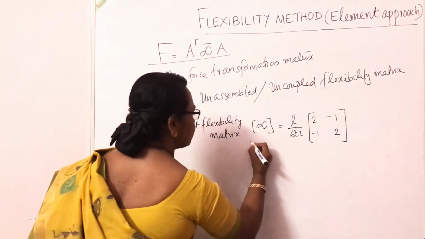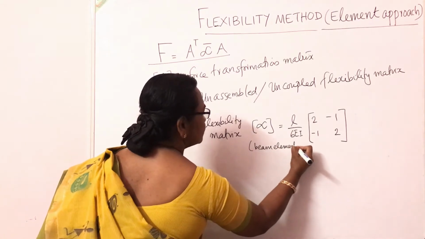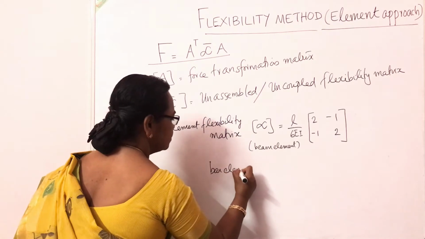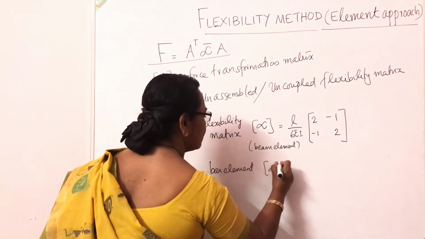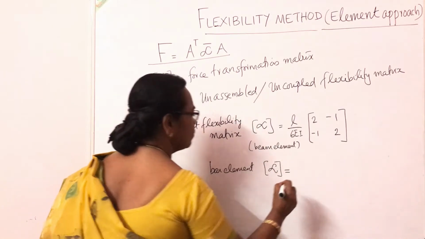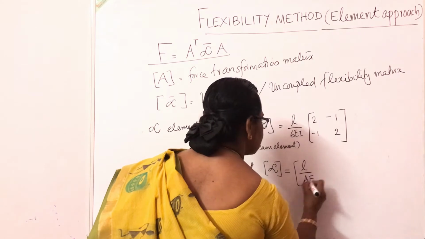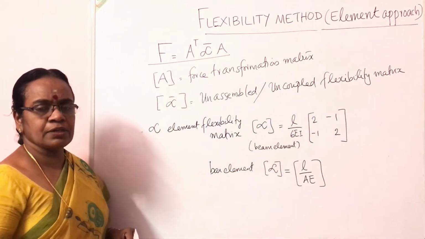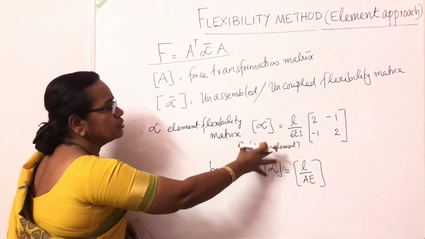This is for a beam element. For a bar element or a truss element, the element flexibility matrix is given by L by AE. So these things we have already derived in the previous video. So based on this, I am going to start.